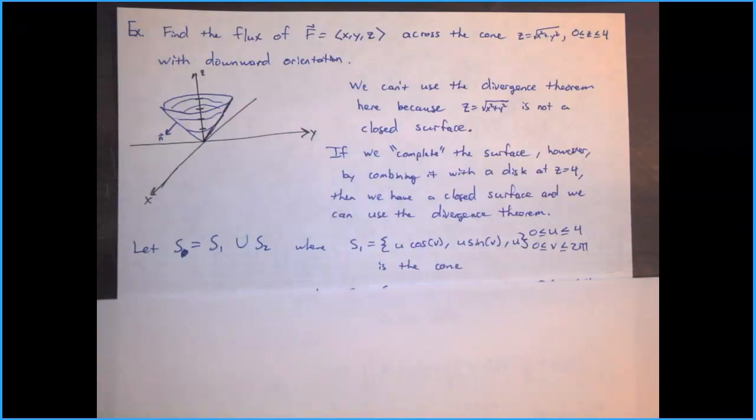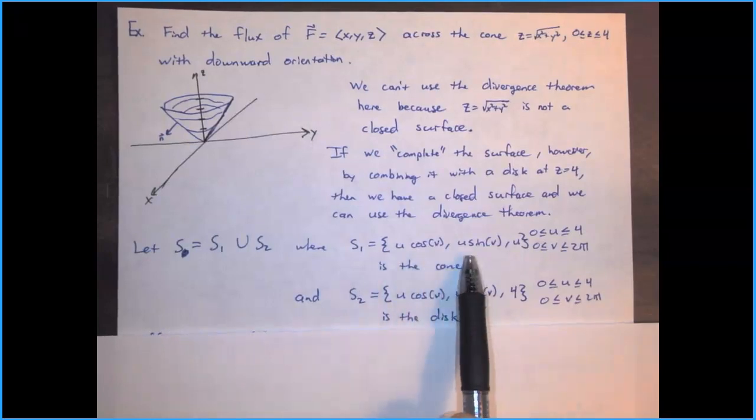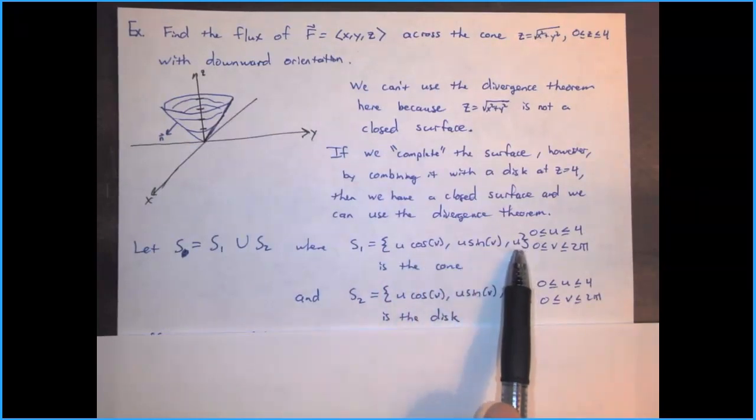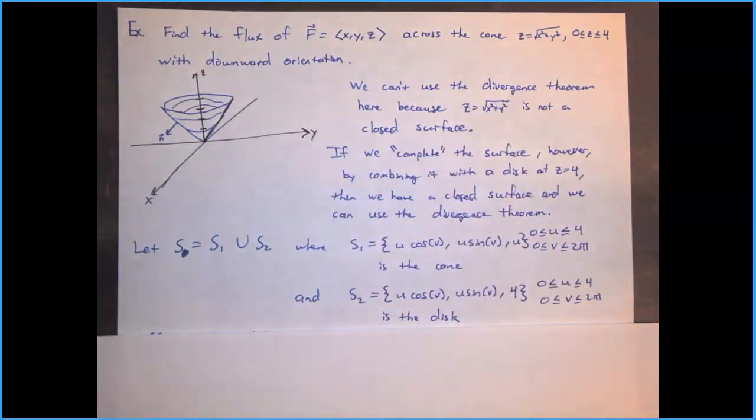So now we're going to pretend that our surface S is really a combination of two surfaces, so it'll still be piecewise smooth. The first surface is going to be the cone, S1. We can parameterize that as u cosine v, u sine v, u, because we know z is equal to the radius by the given formula here.